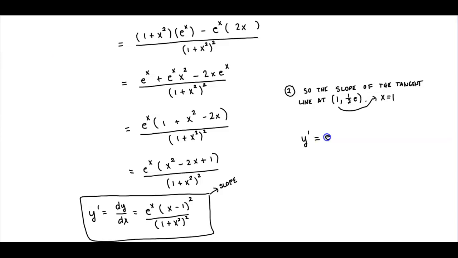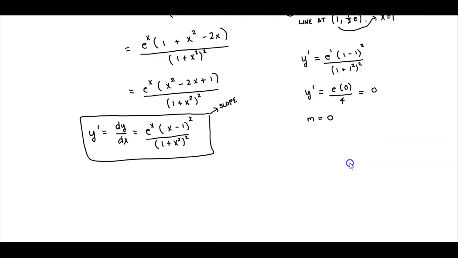So we're going to write e to the 1 times 1 minus 1 squared all over 1 plus 1 squared squared. Well, then that gives us e times 0 over 4, which then means that the slope is 0. So we can then say that m is equal to 0.